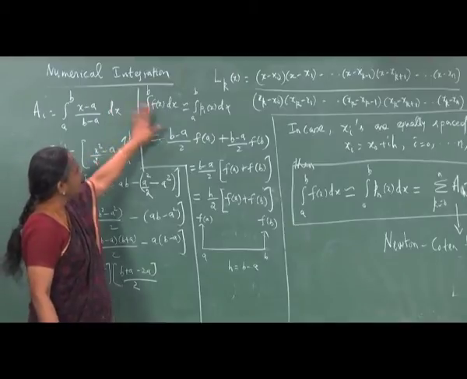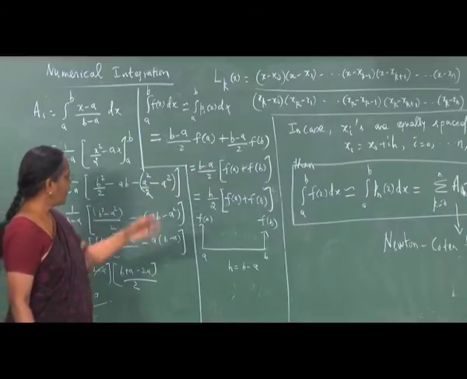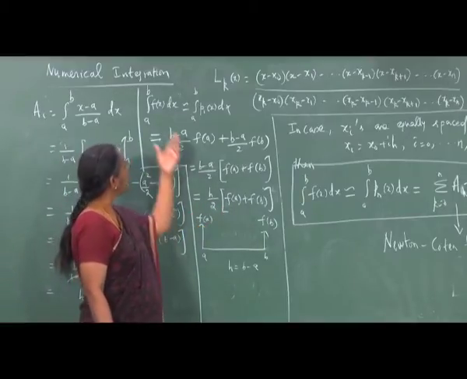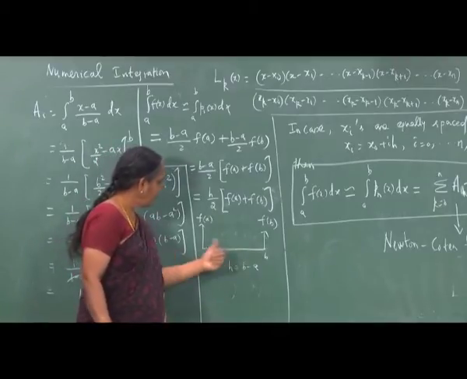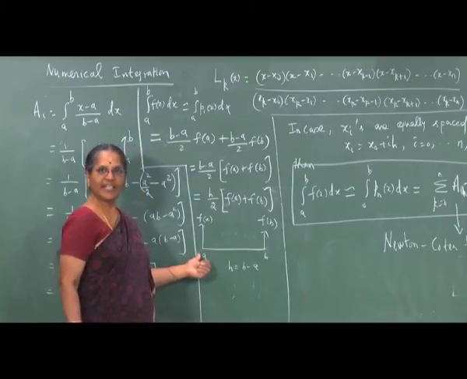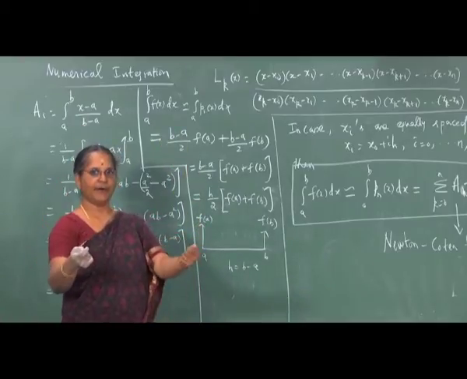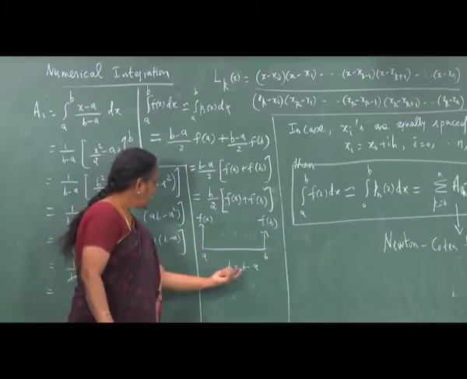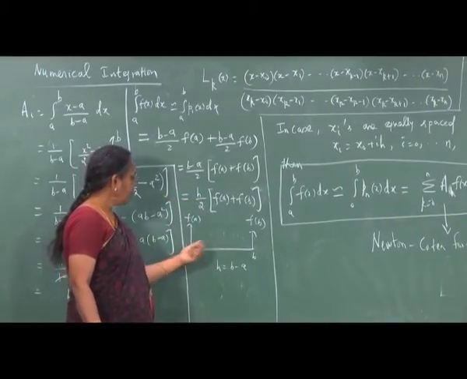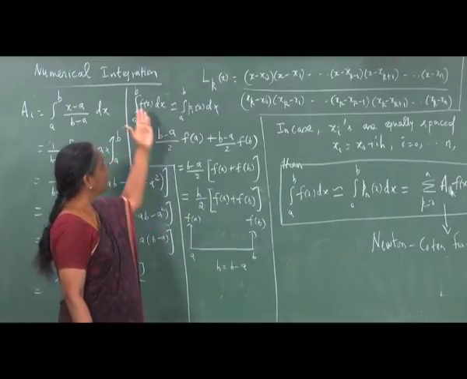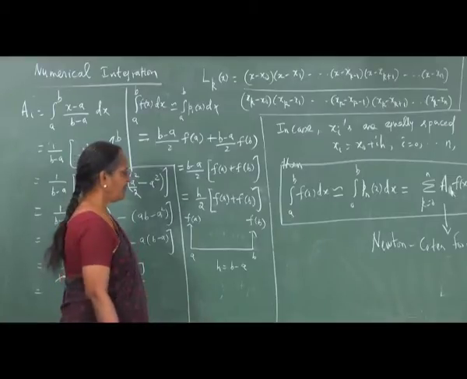The Newton-Cotes method that we have derived by taking n equal to 1 gives you a result which says that this integral is h by 2 into the sum of the end ordinates of that interval, a and b. So, you simply take the ordinates at the end points a and b, then half the length of the interval into the sum of the end ordinates will immediately give you an estimate of the integral from a to b of f of x dx.